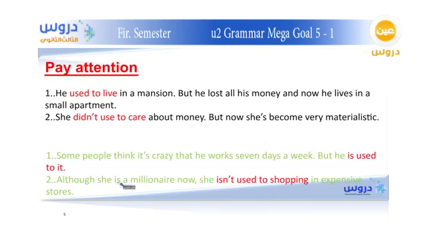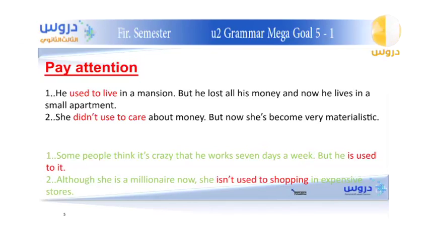And number 2: although she's a millionaire now, she is not used to shopping in expensive stores. Here is also an example, and if you notice in this new example, we added a gerund after to. The sentence said, she isn't used to shopping in expensive stores.